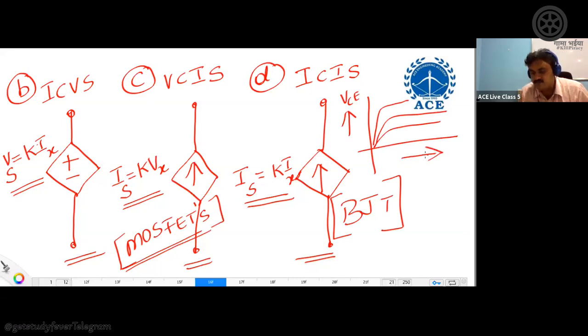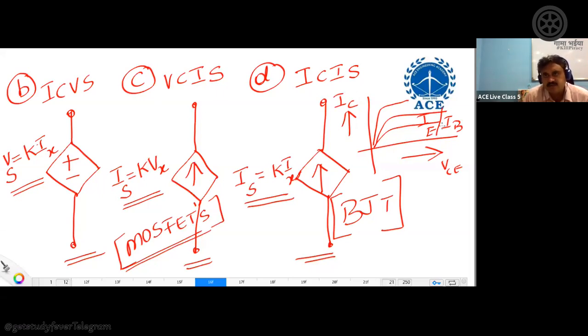I think the input is VCE and output is IC. Depending on the type of configuration, these will be different values of IE or IB. So what are these values? This is nothing but a current source because you will get current in active region, but controlled by current only. So current controlled current sources. So BJTs are good examples of current controlled current sources.